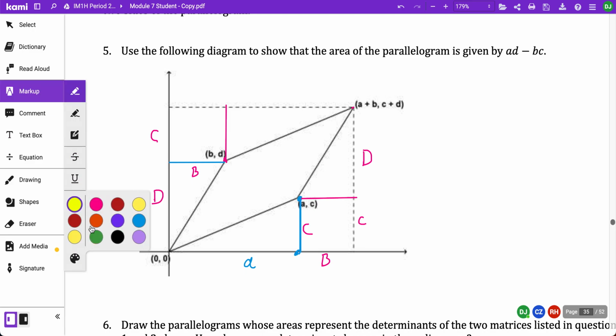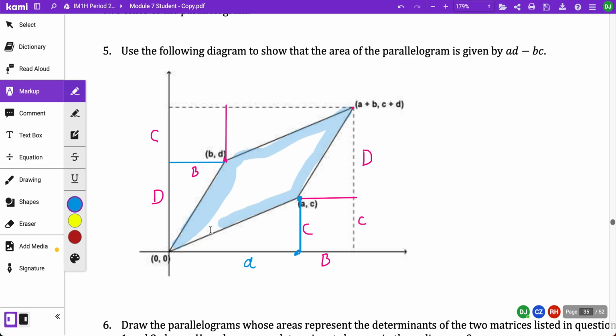Remember, what I'm trying to do right here is find the area of this parallelogram. So we're going to find the area of the entire thing, and subtract these pieces in order to find it.